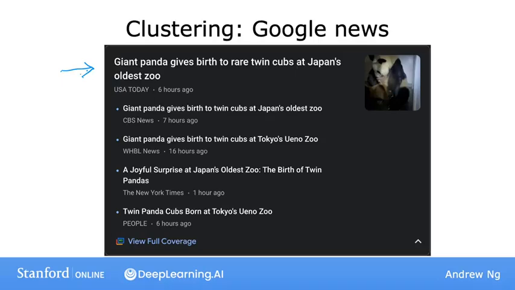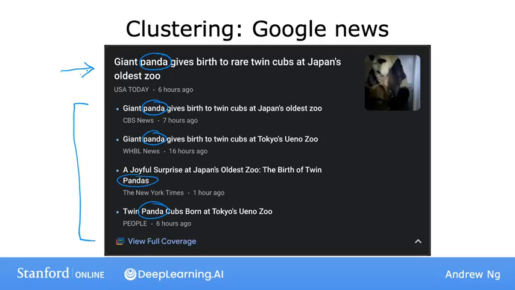And looking at this, you might notice that below this are other related articles. Maybe from the headlines alone, you can start to guess what clustering might be doing. Notice that the word panda appears here, here, here, here, and here.